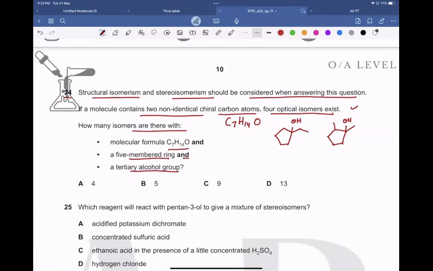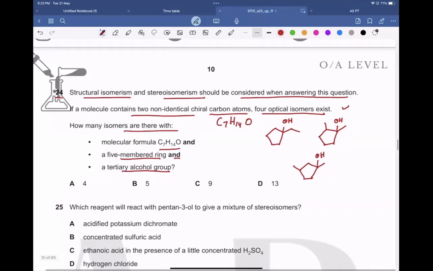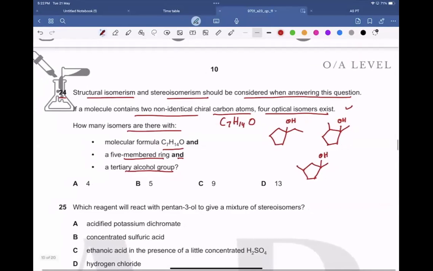Now, beside this, if I put the other carbon side chain at a difference of one carbon and then put an OH over here, this is the third isomer, right?